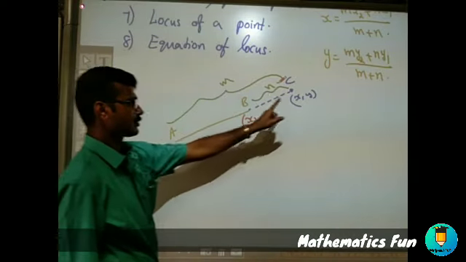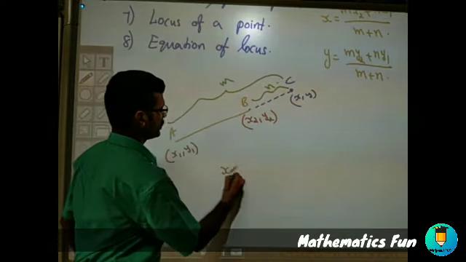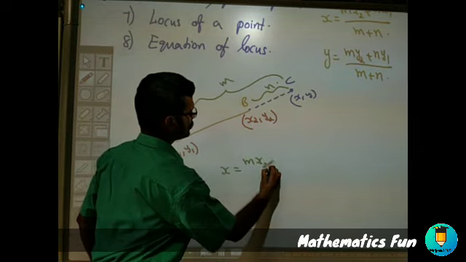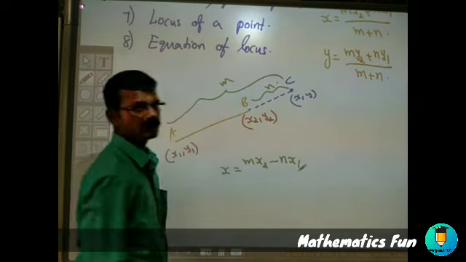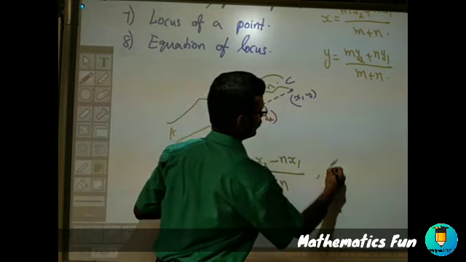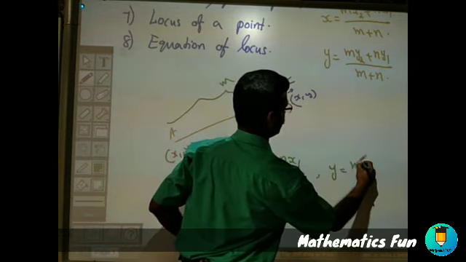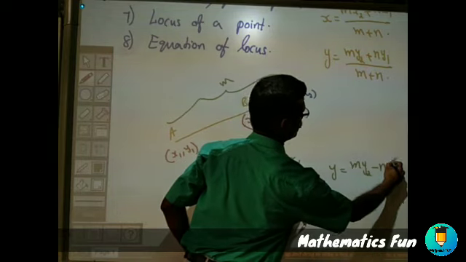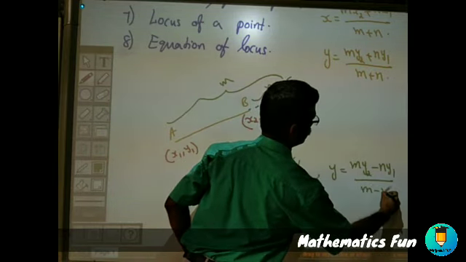In this case, the coordinates will be like this: x is equal to (m x2 minus n x1) divided by (m minus n), and the coordinate y is (m y2 minus n y1) divided by (m minus n).